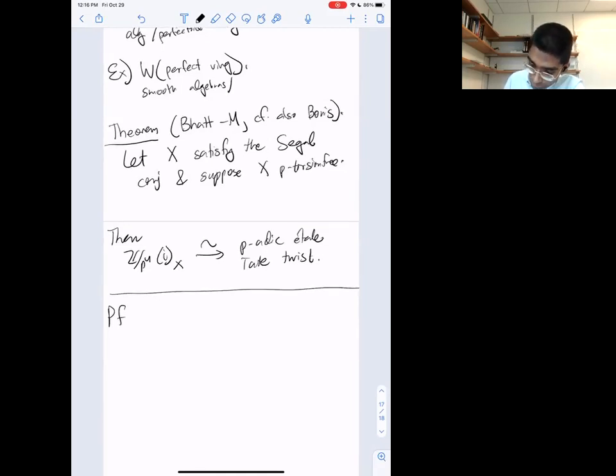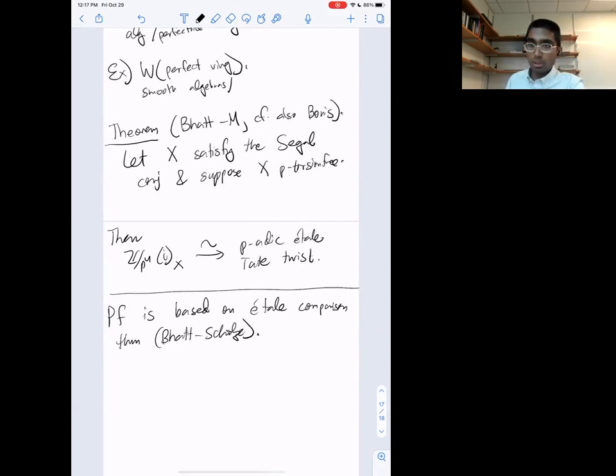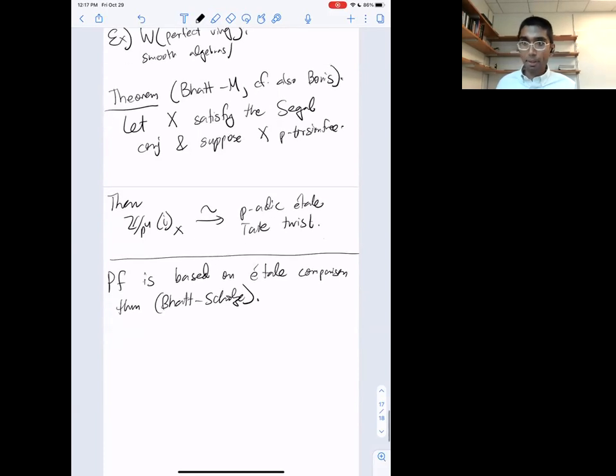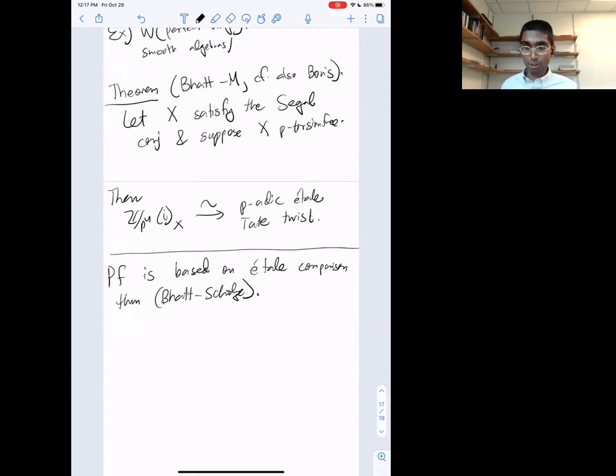So the proof of this result is based on the etale comparison theorem, due to Bhatt and Scholze in their prismatic cohomology paper. And actually, I want to formulate the etale comparison in terms of these Z mod p^n of i's. So let's formulate it as follows.